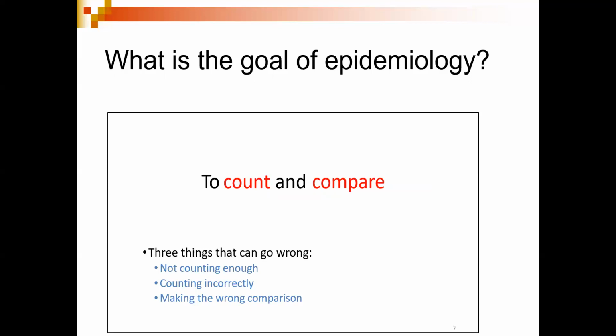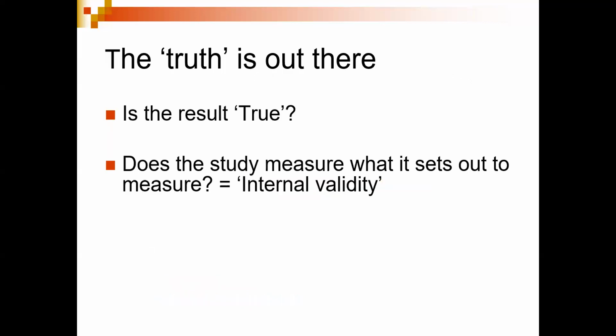Or in case you are comparing, you might make the wrong comparison. Because of all those issues, it is very critical, as we conduct epidemiological studies, to be sure whether the result you are getting is the true result.